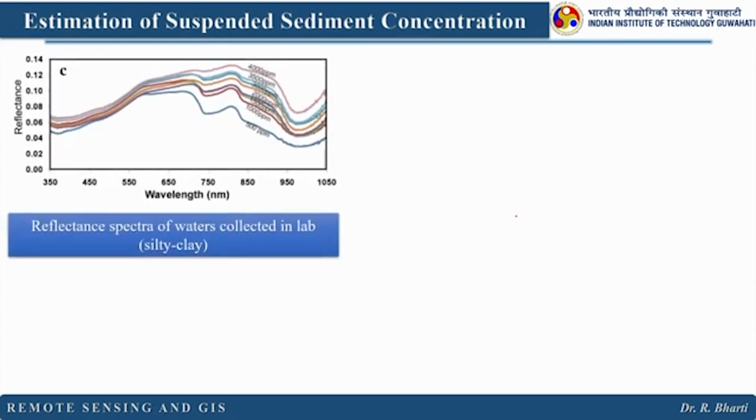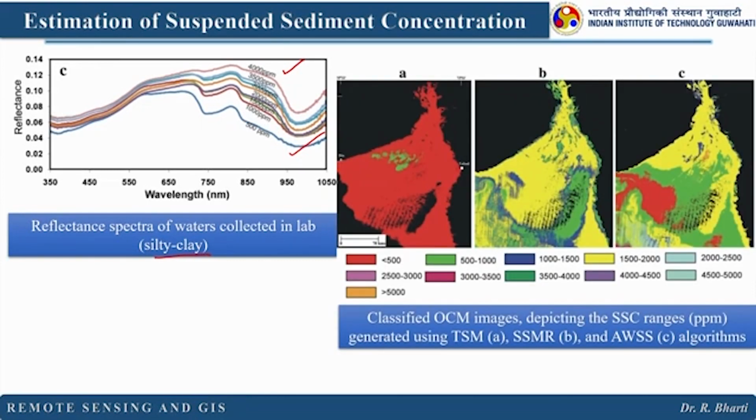Here you can see another example, and this is for silty clay. The reflectance spectra are shown here. Similarly, by adding more and more silty clay, we reached 4000 ppm, and for each individual concentration the spectra was measured. Once you have that, you can easily identify the wavelengths which are sensitive to this change in suspended sediment.